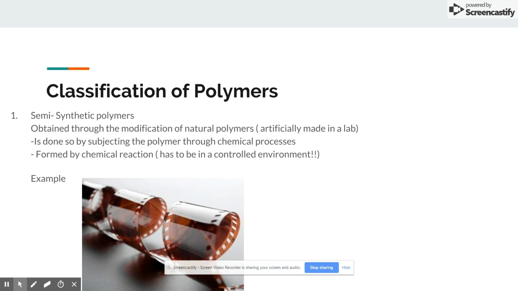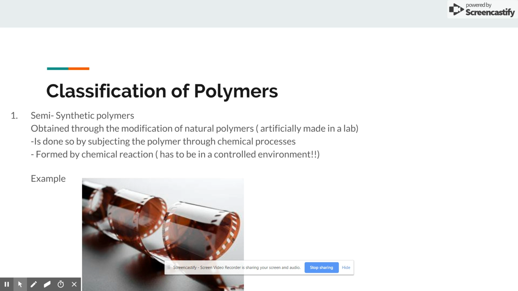Another type is a semi-synthetic polymer, which is obtained through the modification of natural polymers. This is done in the lab, where it goes through a chemical process and is formed by a chemical reaction, meaning that it also has to be in a controlled environment.